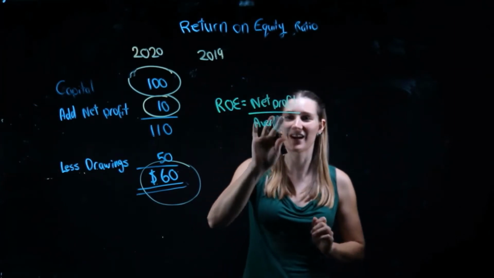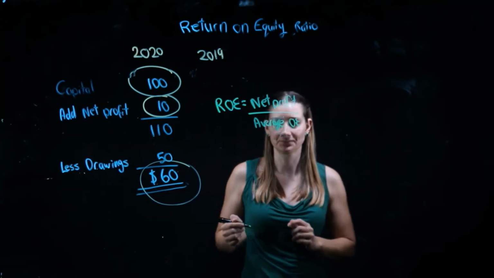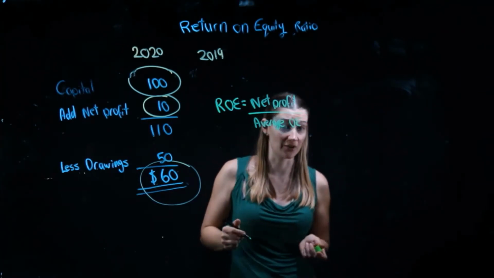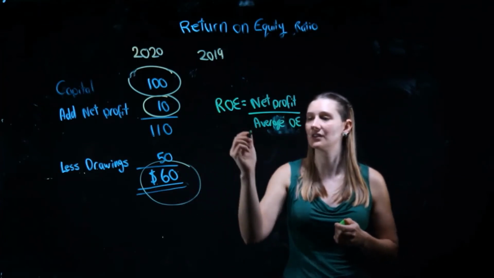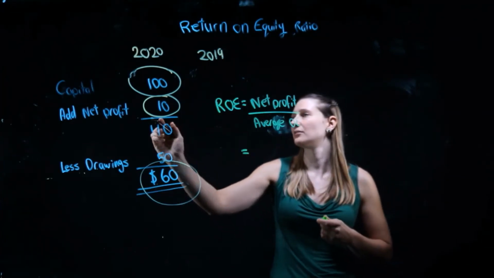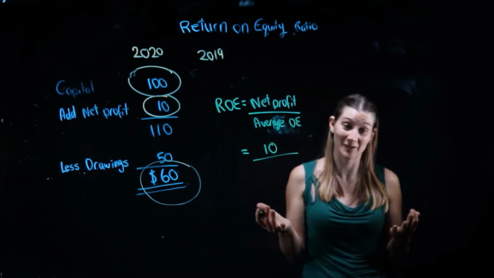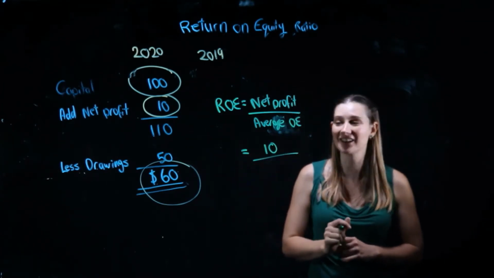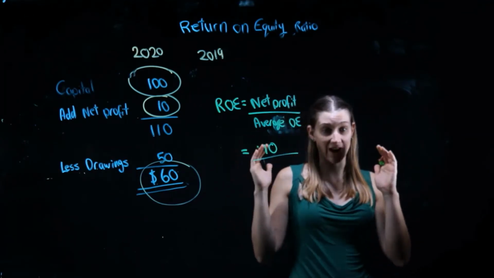It's a bit hard to rub out on this board, I apologize. Average owner's equity. And the way I would calculate the average owner's equity based on the figures that I have over here, let's substitute these figures in now. I grab the net profit, which I can see there is the $10. Again, I've used very simple numbers to make it a little bit easier for us. And to get the average owner's equity, I need to put it into brackets.